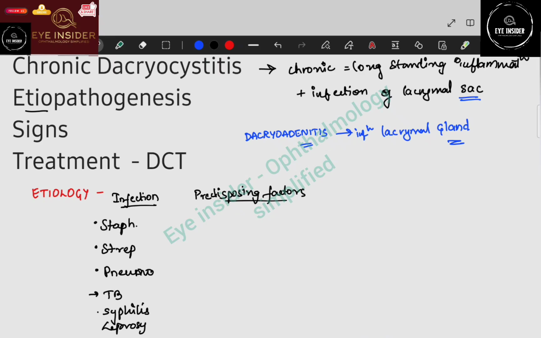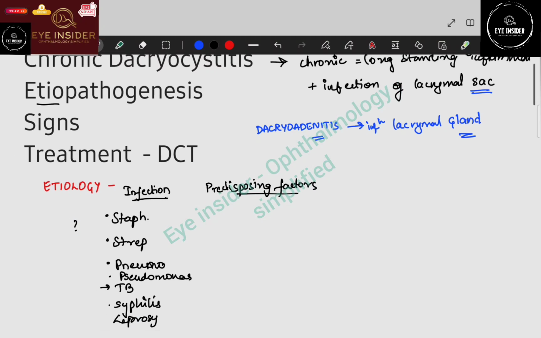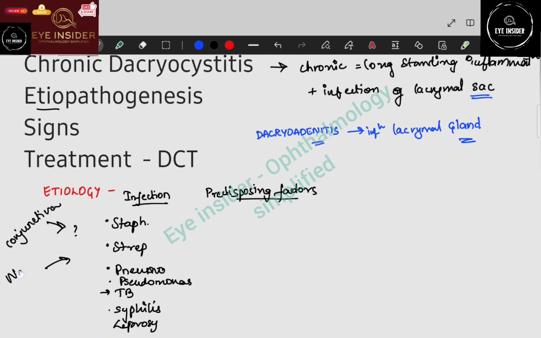These are transferred from the adnexa, that is, from the conjunctiva, from the maxillary sinus, the paranasal sinuses, and so on. From there, these organisms come and infect the lacrimal sac.